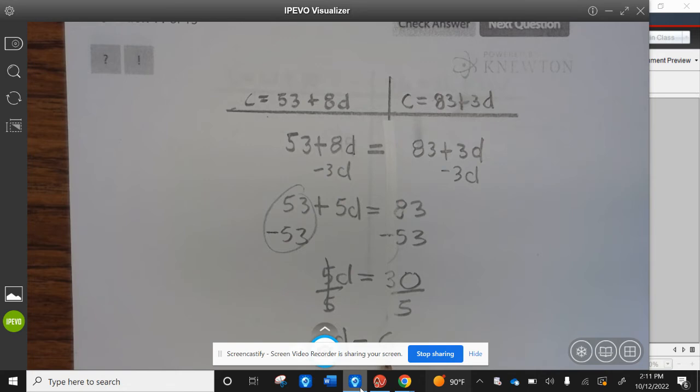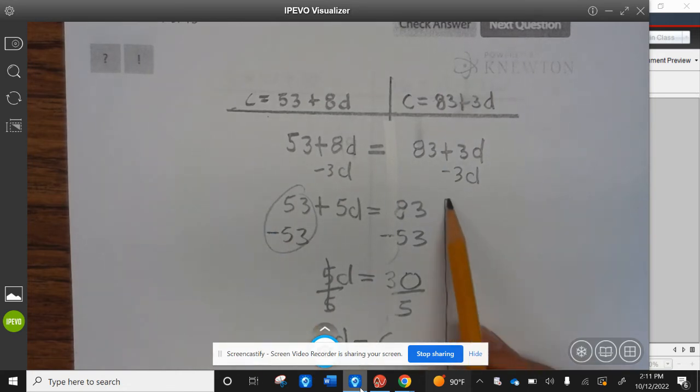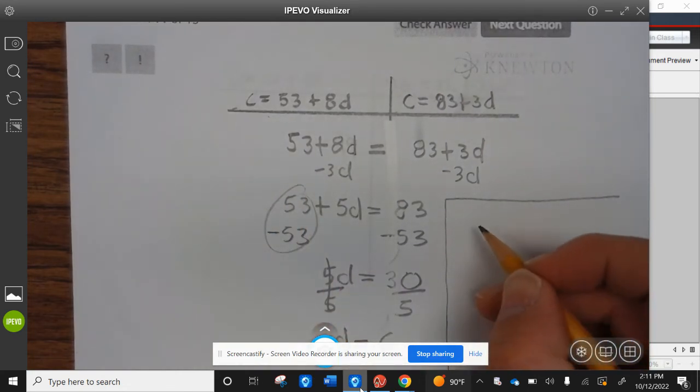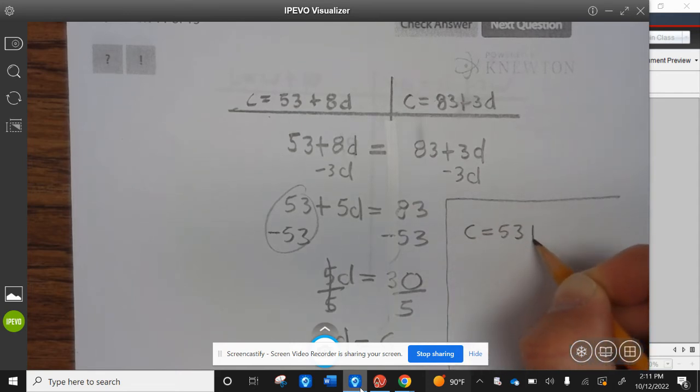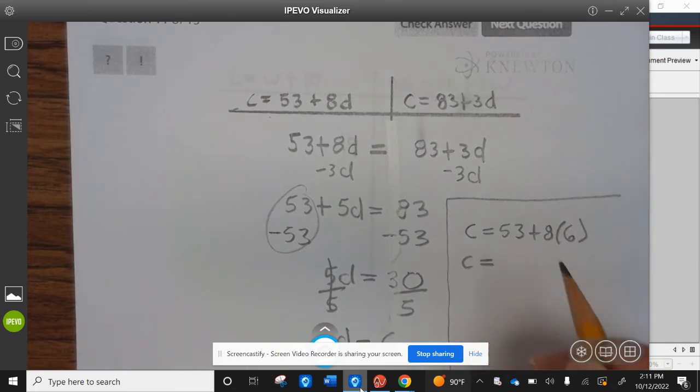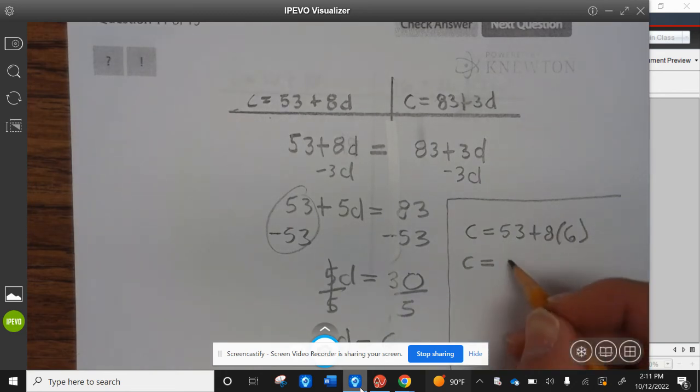Okay, now we need to plug that into either of the equations, and we'll just plug it into the first. So C equals 53 plus 8 times 6. So C equals 101.